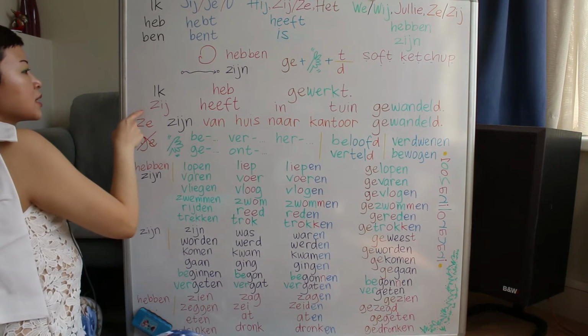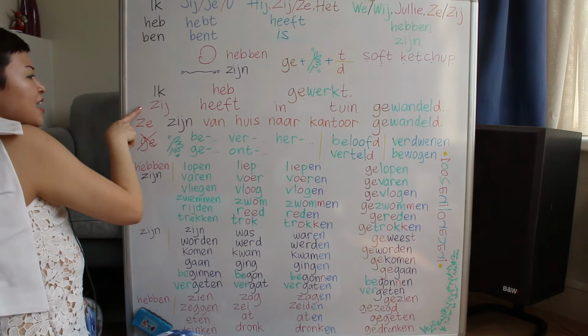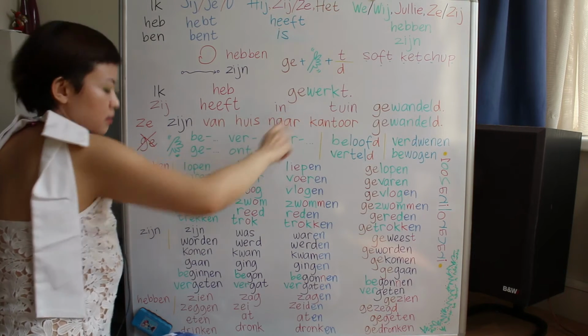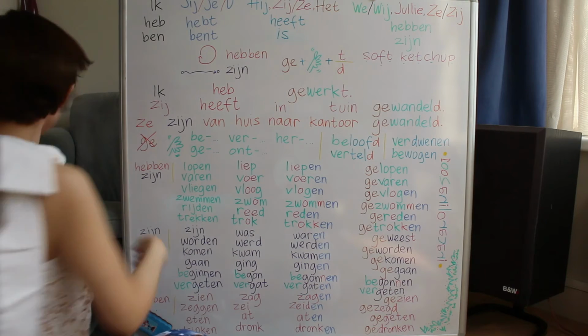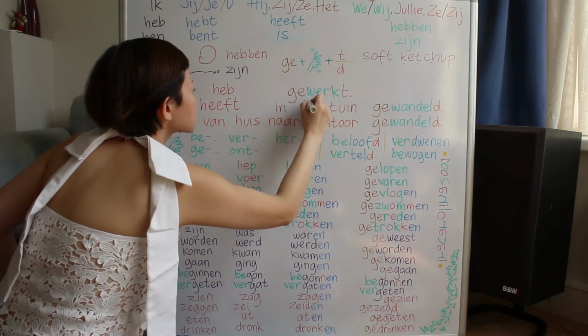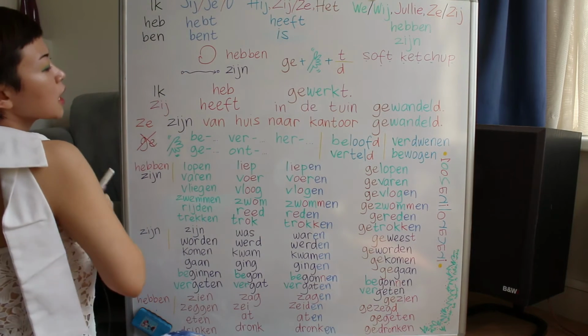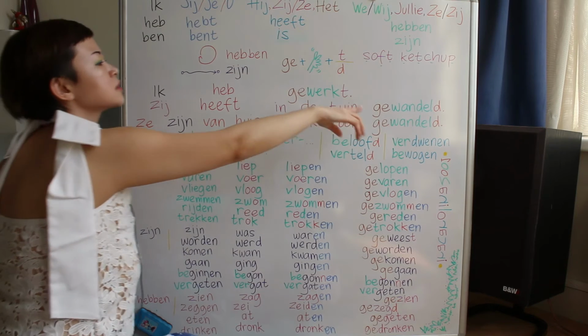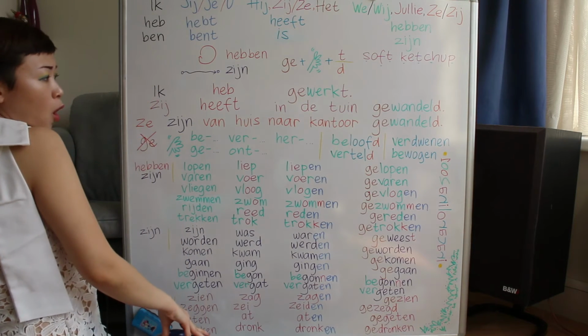And then this one. Zij heeft, sorry, I forgot to put something here. In the town, in the garden, gewandeld, walk.